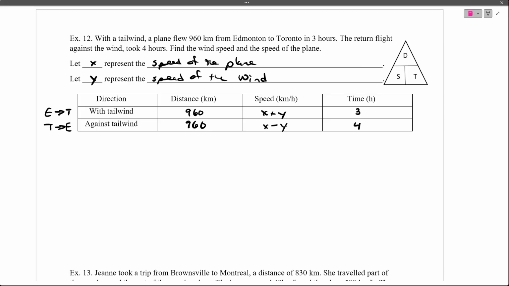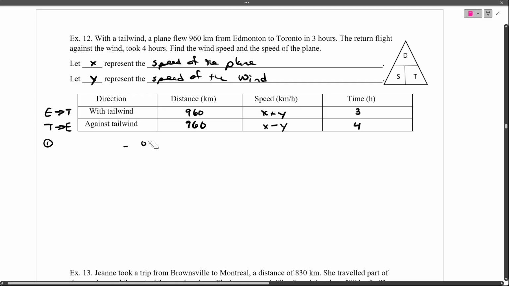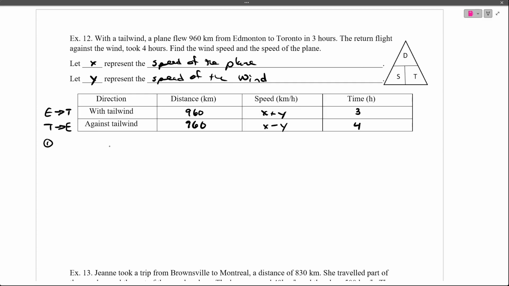So now here we are with the exact same problem as before. We want distance equals speed times time. Let's do equation number 1. We have our 960, and that's equal to speed times time, so 3 times x plus y.